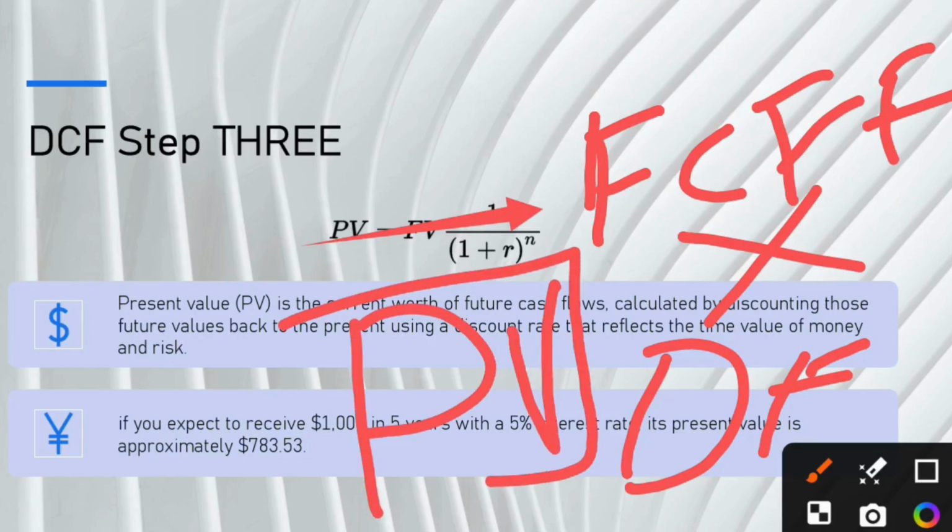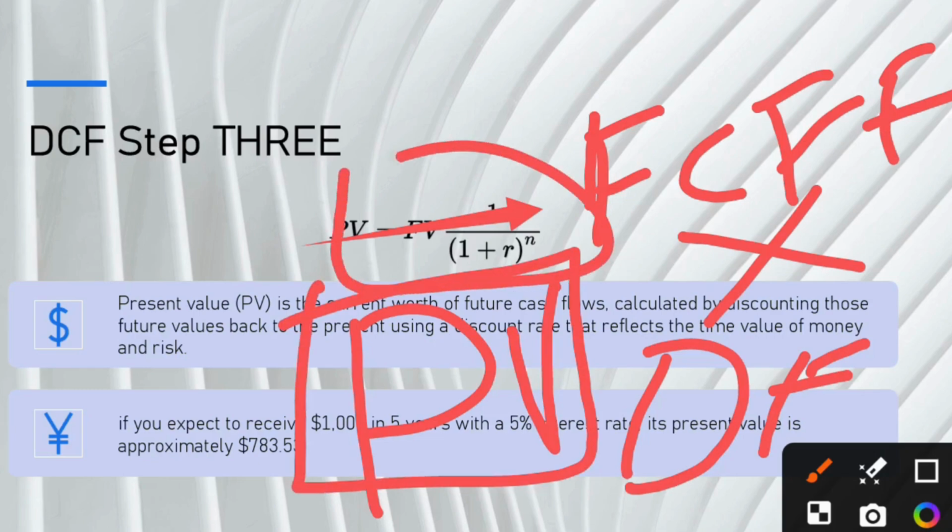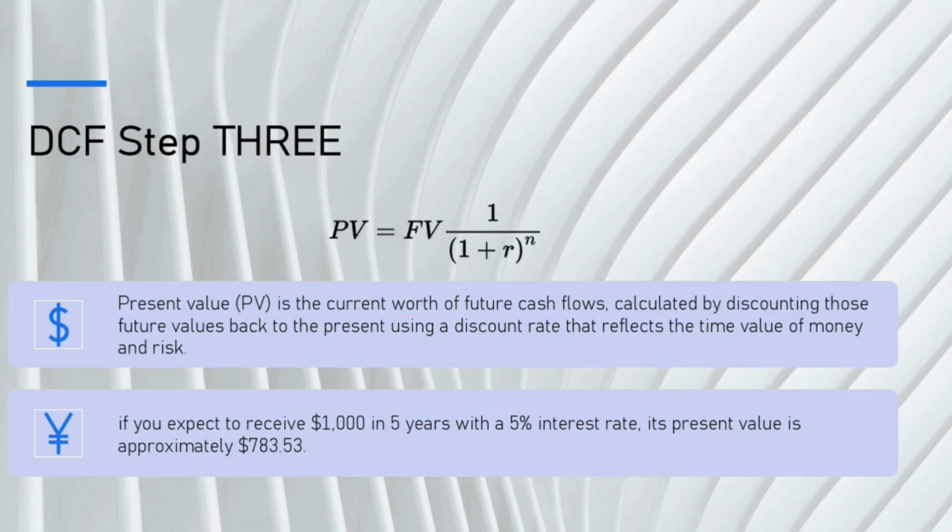If we multiply the future cash flow with the discount factor, we get the same answer. Let's see the next one, which is the discount factor.